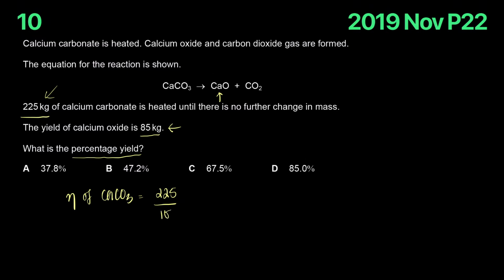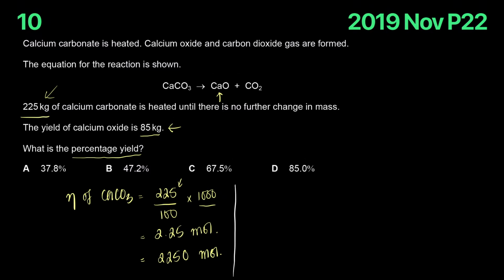You get 225, I divide this by 100, and I should just get 2.25 moles. Right now, these are the incorrect moles, but if I wanted the right moles, I just have to multiply this by 1,000 to convert into kilograms. So I'll multiply it by 1,000 at the end. It just makes my life simpler, and I can process it easily, right?